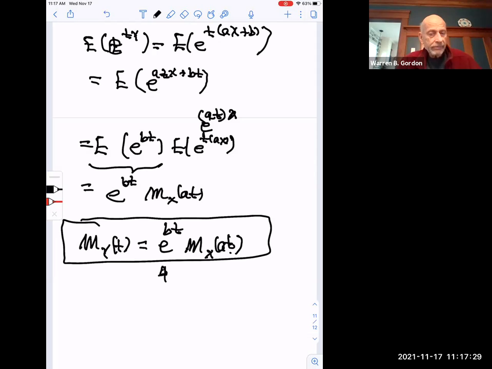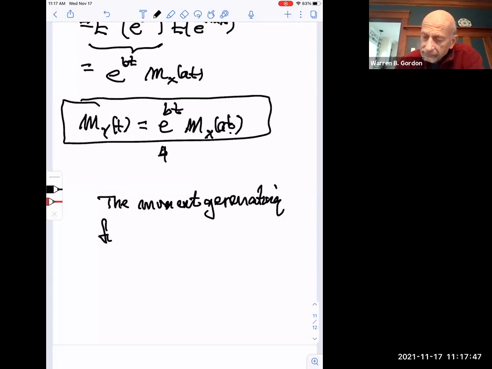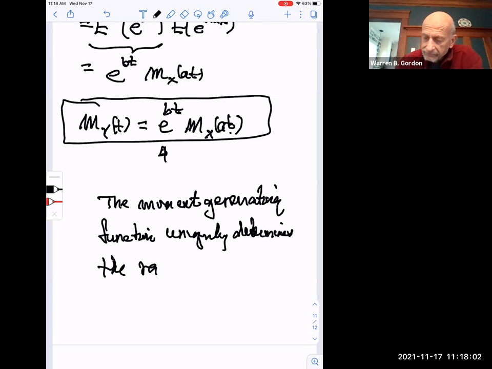Now, one last result about the moment generating function, and this is rather difficult to prove at this level. The moment generating function uniquely determines the random variable. What do I mean by that?